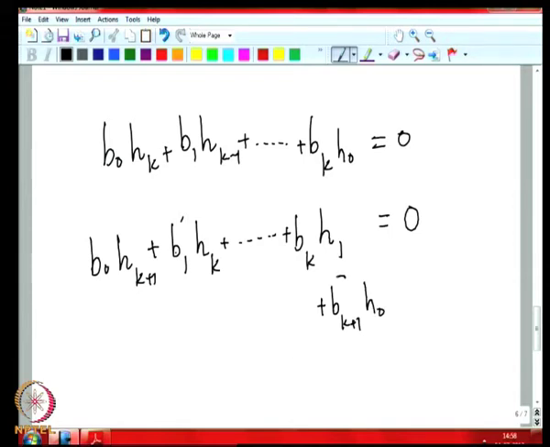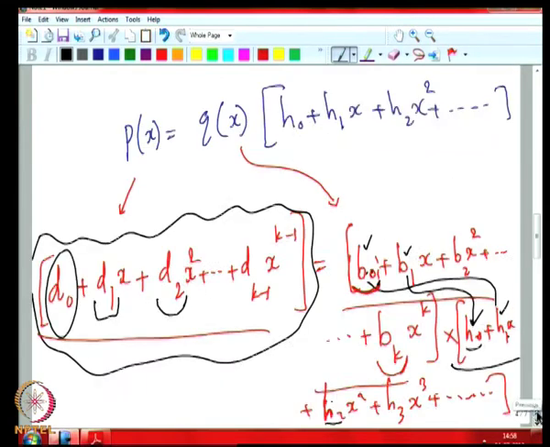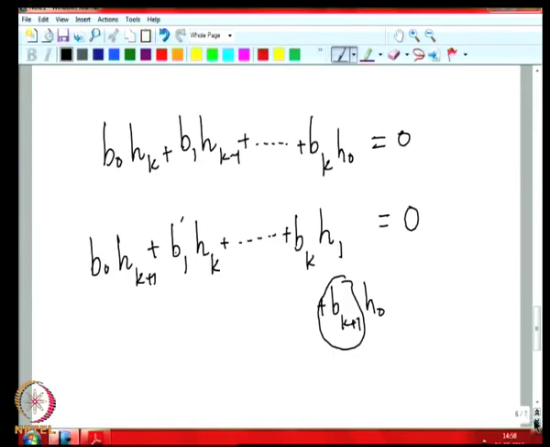Why? Because this bk plus 1 is anyway 0, because this polynomial q of x was a polynomial of degree k. So up to bk only we have here. So bk plus 1 onwards is 0, and therefore this term will not be there. So we will stop here, and this is equal to 0.